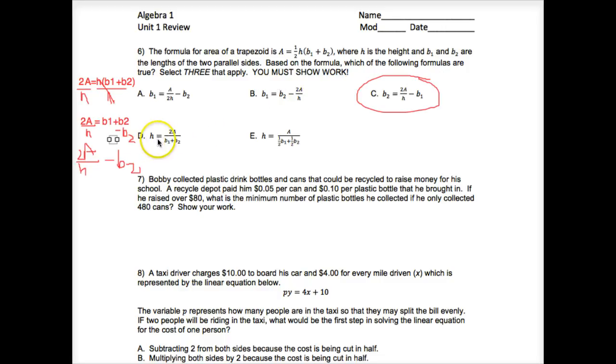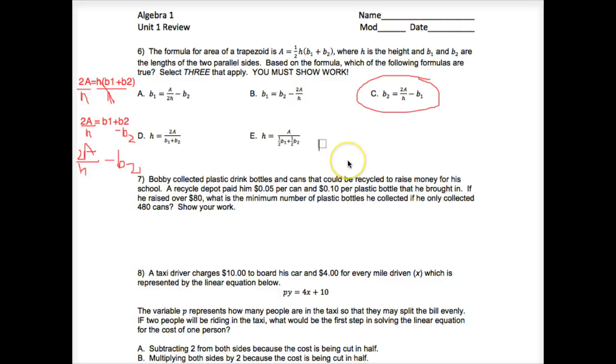Now I need to look at D and E, which are solved for h. So if I want to get h alone, depending on which order you do that in, one way is to get rid of the 1/2 first by multiplying by 2, just like I did in the last one.